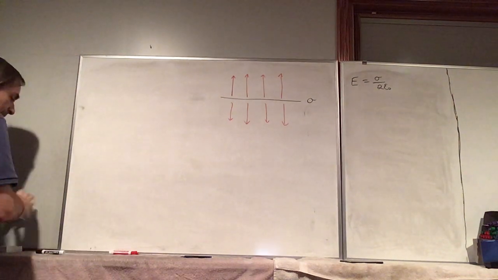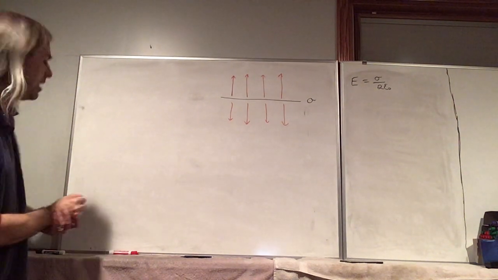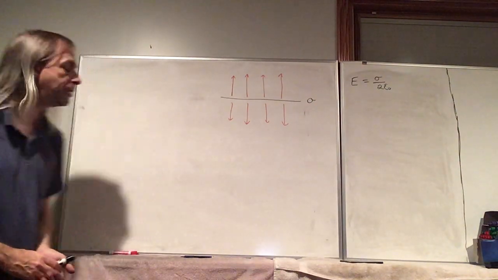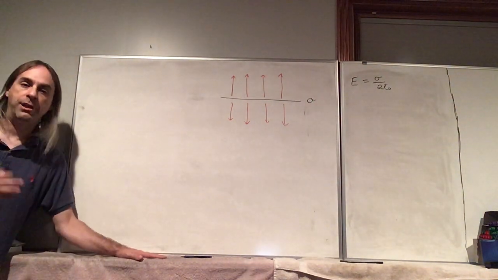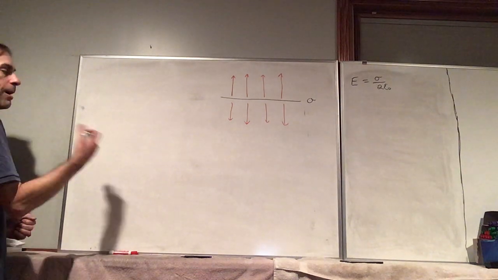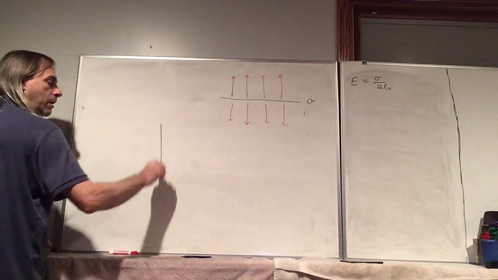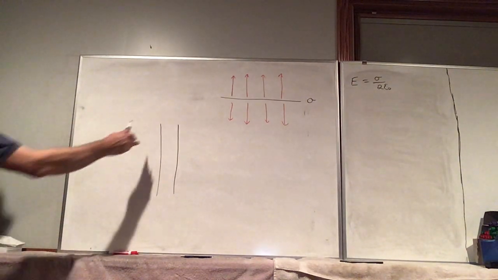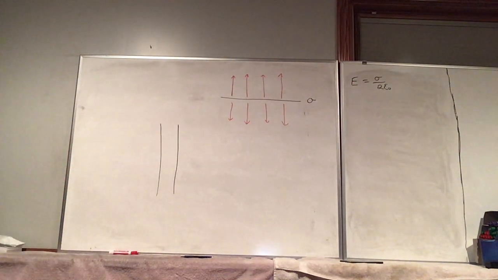And again, that's a nice thing about infinite planes. Just real briefly, why do I keep talking about these things even though they don't exist? A very important thing we're going to cover later is something called a parallel plate capacitor, where you have two planes that are, of course, finite, and there's an electric field between them.